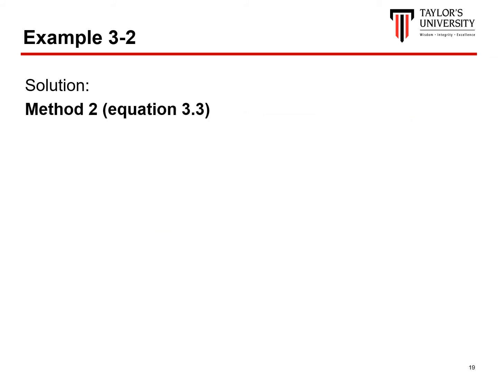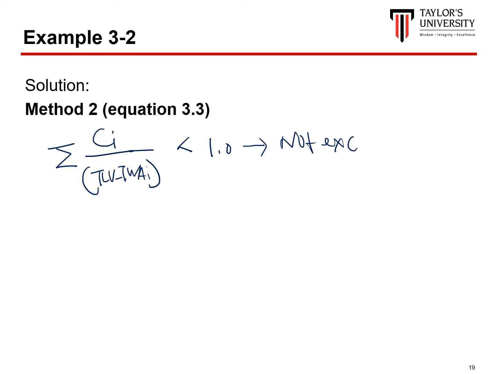There is also another method to calculate this by using equation 3.3. 3.3 says that as long as this total summation of Ci over TLV TWAi is less than 1.0, then it is not exceeded. So let's calculate the total summation of Ci over TWAi.